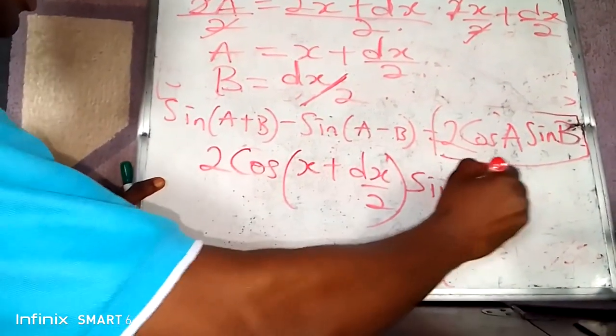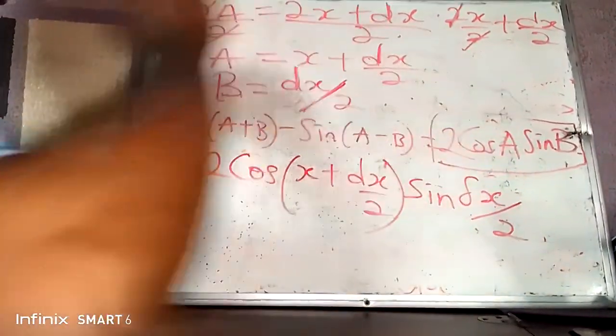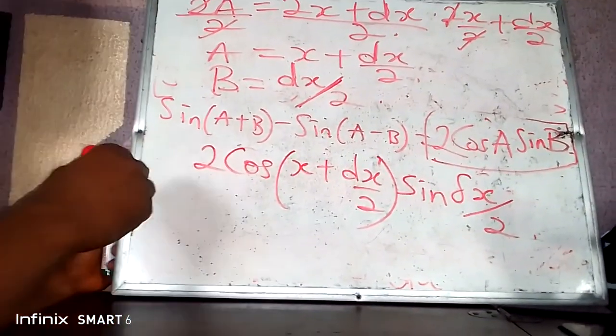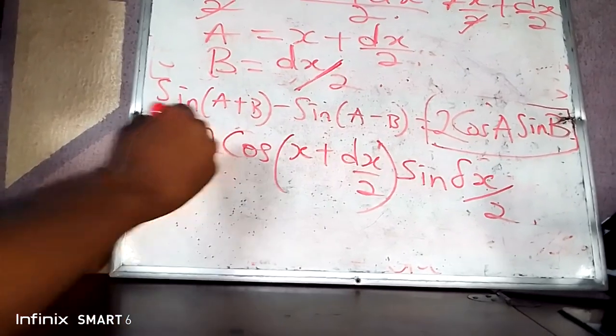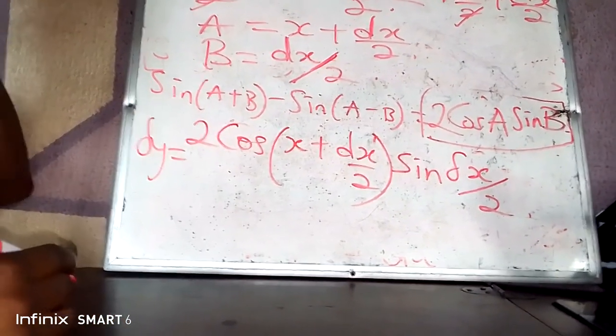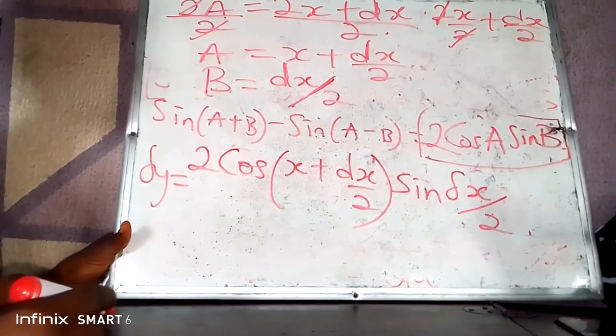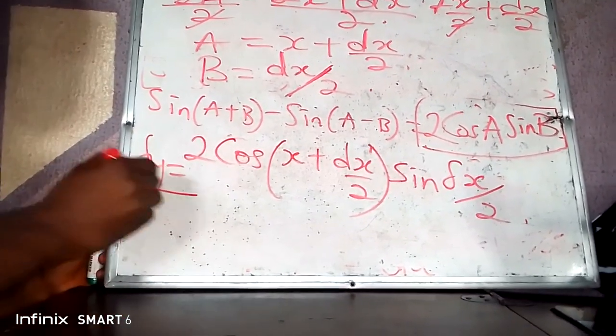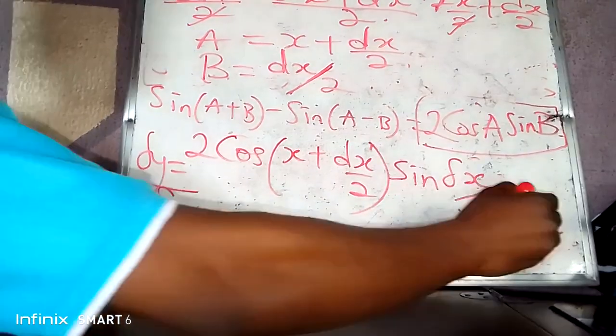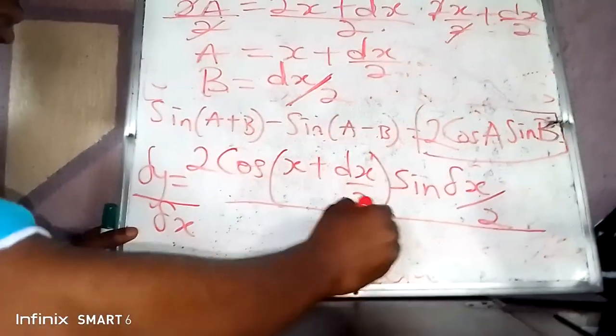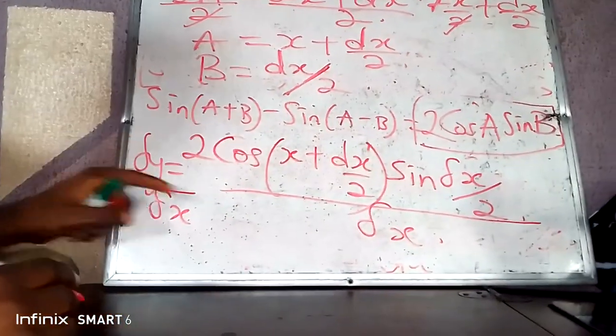Our b is dx all over 2. Do not forget that is our dy equals to this. Now the next thing we do is that we divide both sides by dx, all over dx.